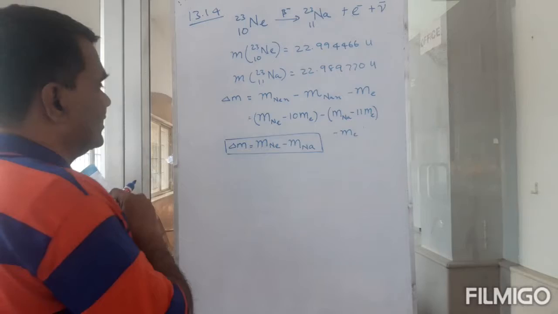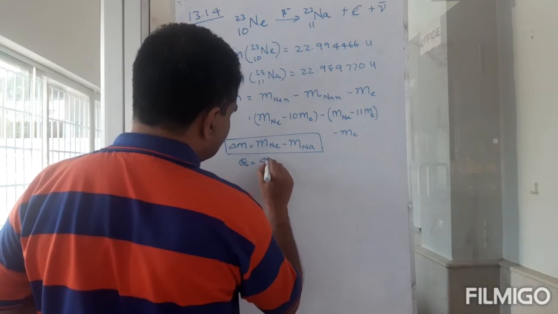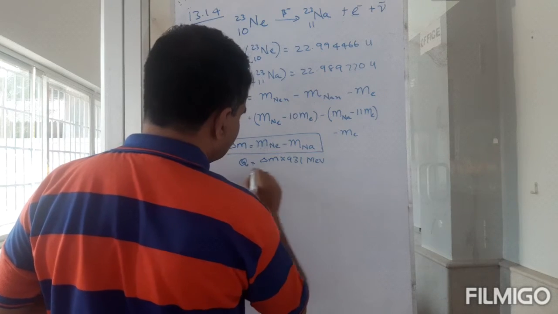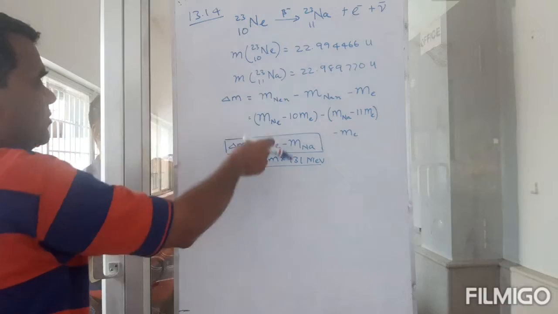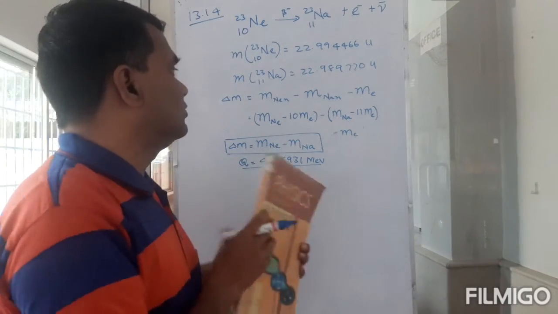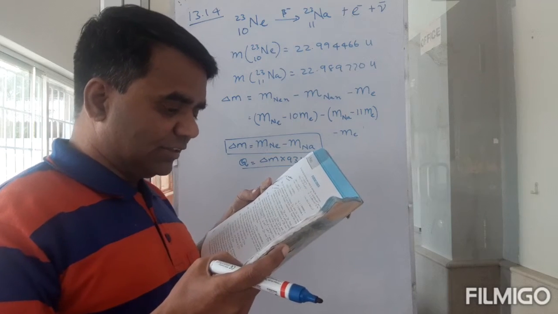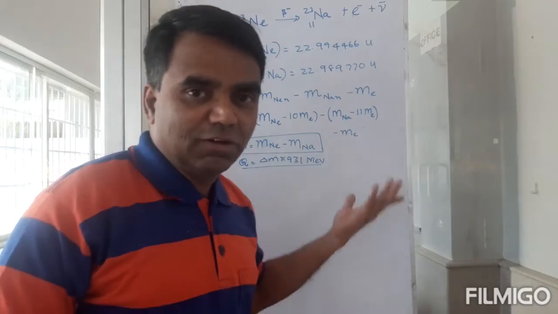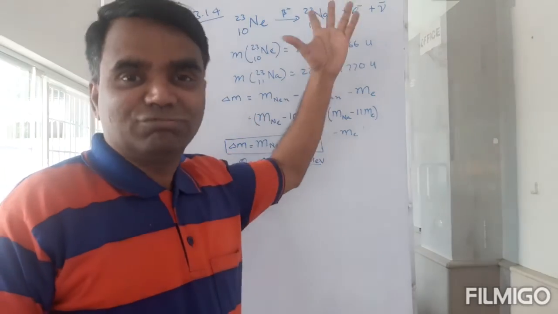Once you get this delta M, then Q can be obtained. What is Q? Q is delta M times 931 mega electron volt. This difference multiplied by 931 mega electron volt will give you Q. So once you get that Q, what would be the kinetic energy of the electrons emitted? The electron will have all the kinetic energy because sodium will hardly move.